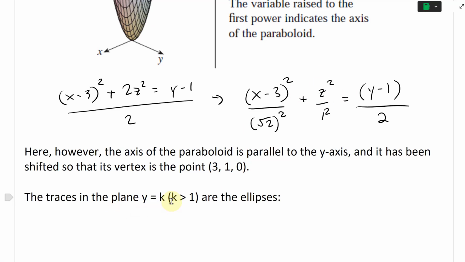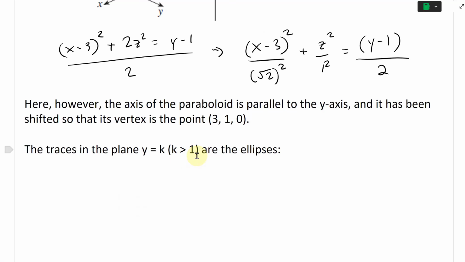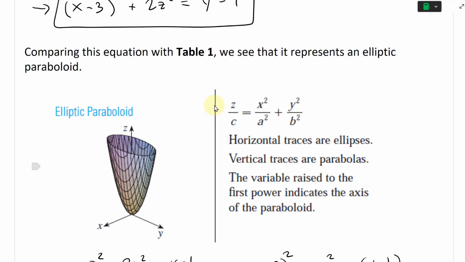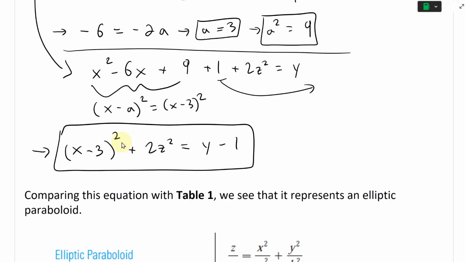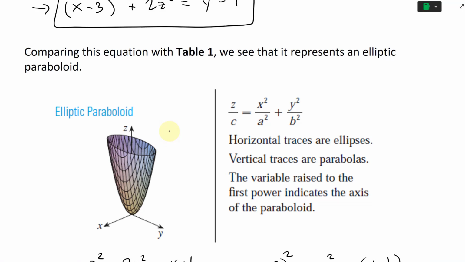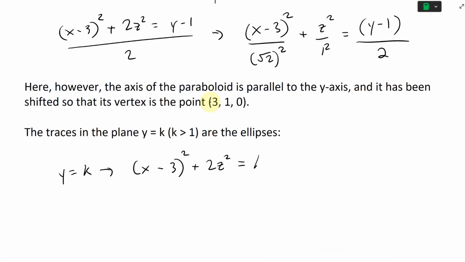And the traces in the plane y equals k for k greater than 1 are ellipses. So here, let's put the plane y equals k. This is going to be the vertical plane. We get x minus 3 squared, plus 2z squared equals k minus 1.